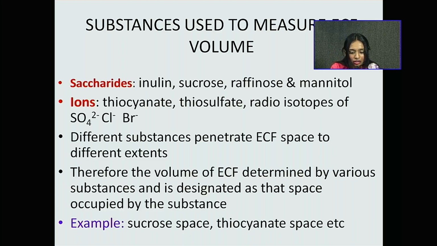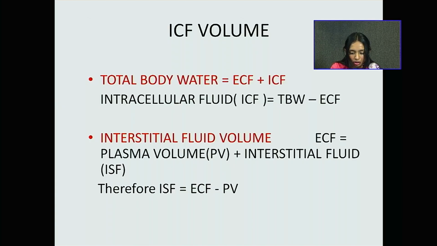Therefore, the volume of ECF is determined by the various substances and is designated as that space occupied by the substance. The space will be denoted by the particular substance's name, for example, sucrose space and the thiocyanate space.